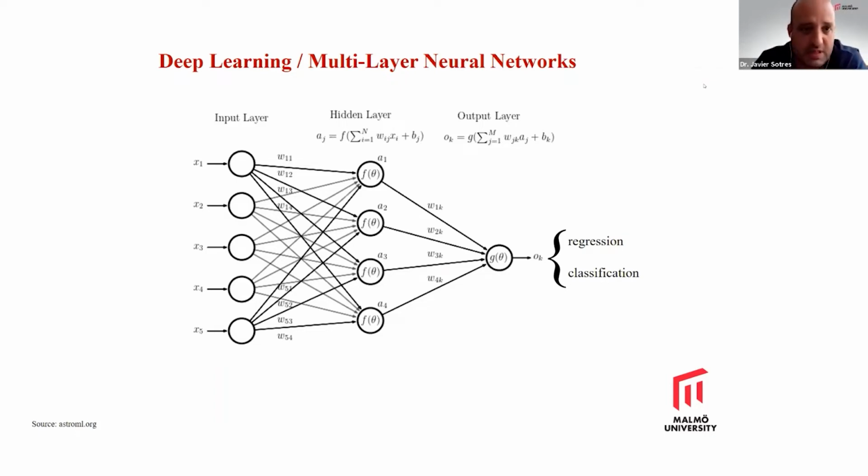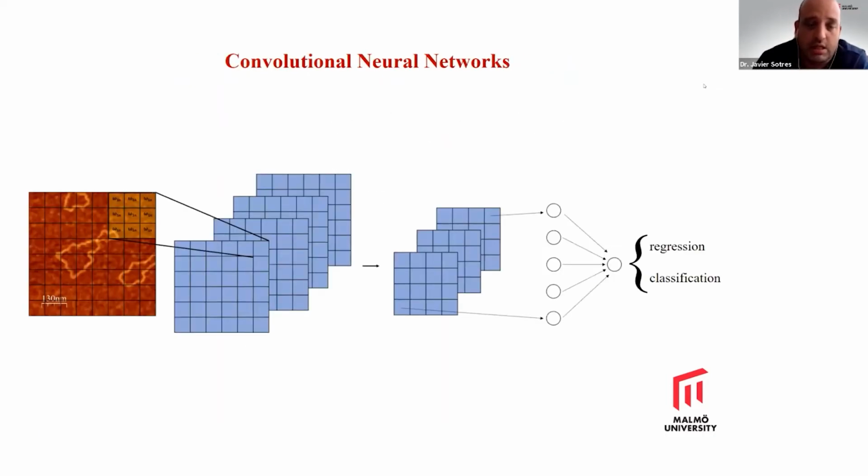But this is basically what deep learning is. And the point of deep learning is that it works really well with images. If you use what are called convolutional neural networks, the fitting parameters are basically filters that you apply to an image. And in many AFM experiments, what we have in the end are images.